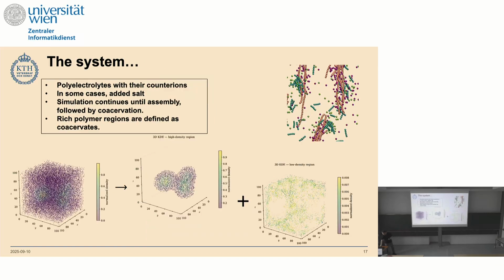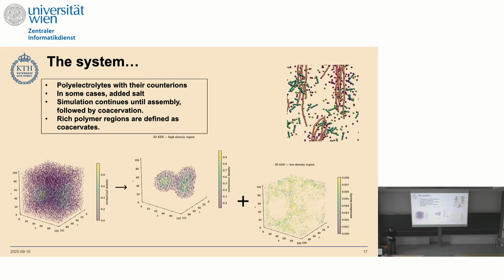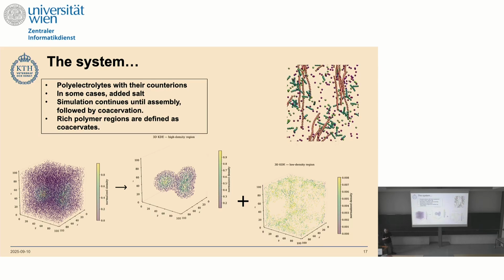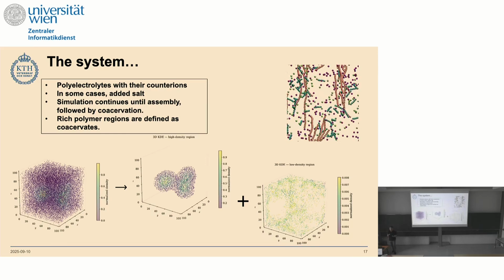So before getting the rheological behavior from these systems, we did some tests to see how these systems behave and what is the exact effect of flexibility and charge asymmetry. In the systems, we have polyelectrolytes with their counterions, and in some cases, we have added salt ions into the system.